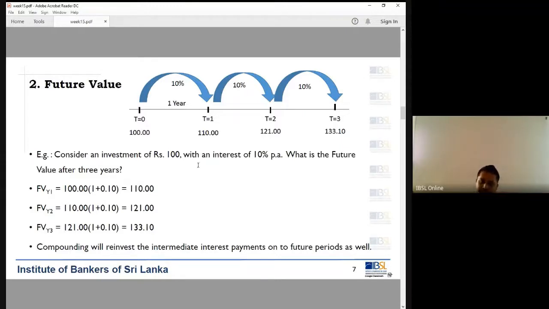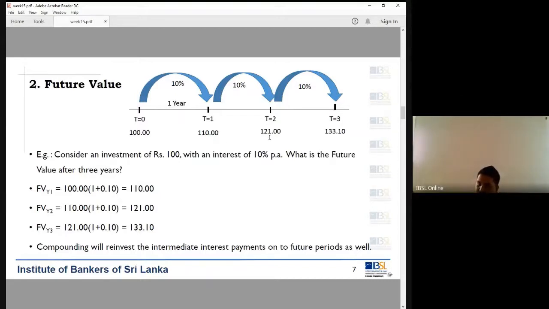If you look at these arrows, you can see this 100 rupees has moved from T0 to T1 to T2 to T3. So we'll see the future value of this 100 rupees after these particular intervals. The first calculation we already discussed. After year one, the value of the current 100 is going to be 110.